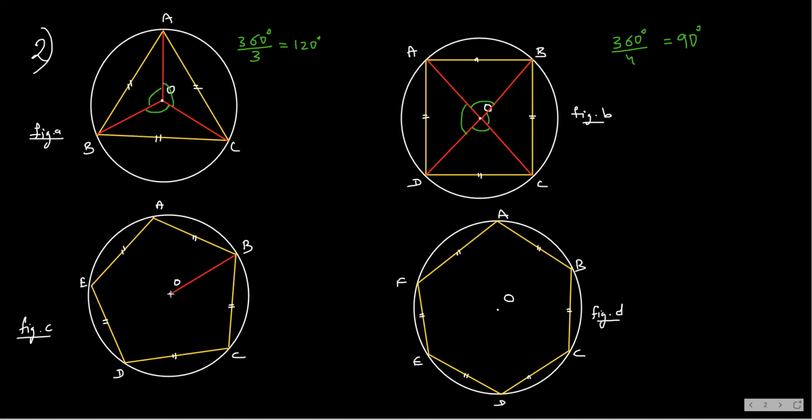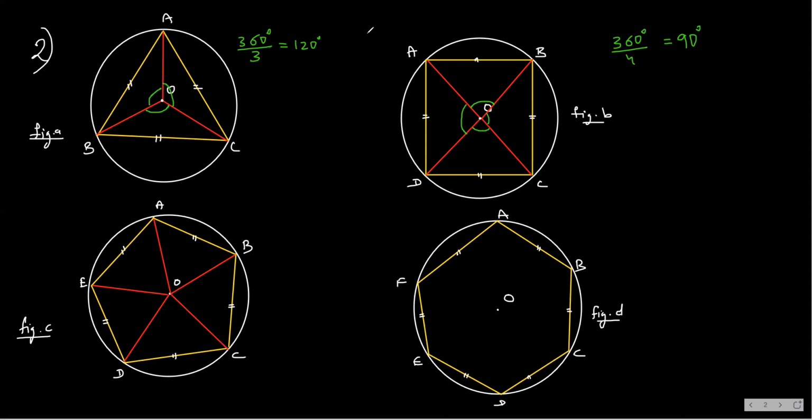So in the case of figure 2, I can say that the angle subtended by the sides of a square inscribed in a circle at the center is 90 degrees each.